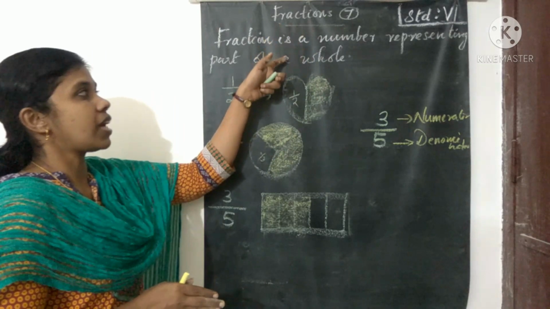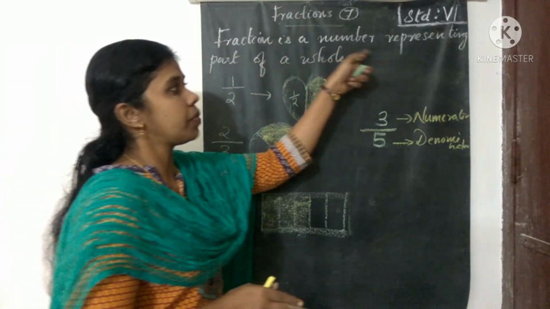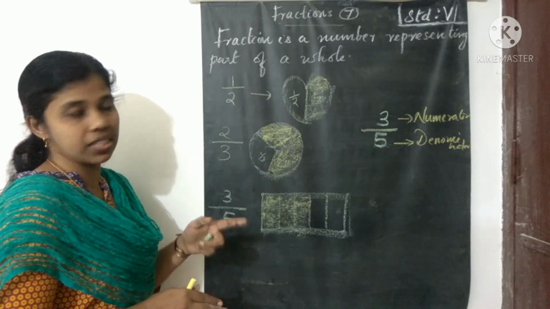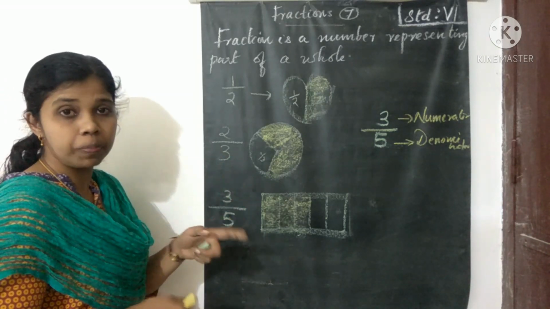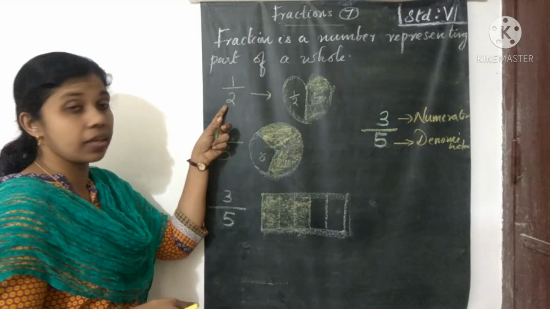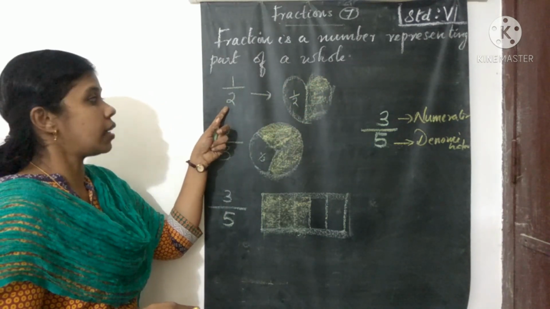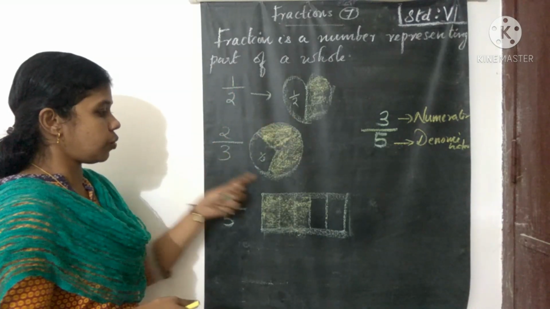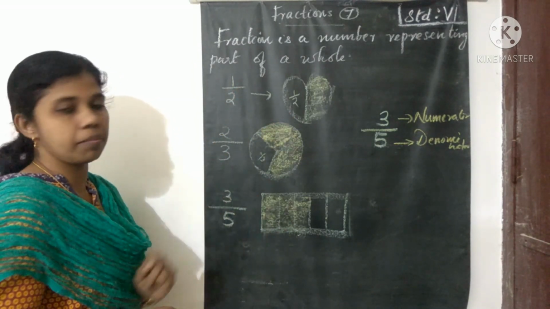What is meant by fraction? Fraction is a number representing part of a whole object. Here examples: fraction 1 by 2, fraction 2 by 3, fraction 3 by 5.